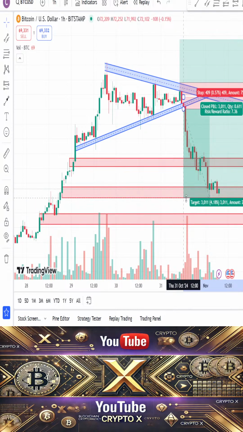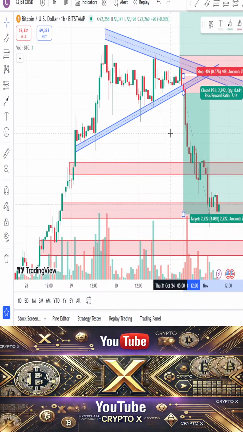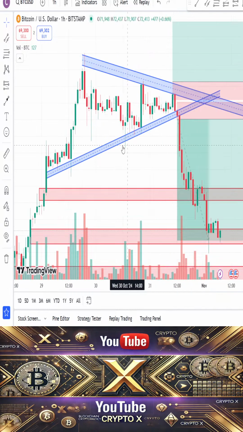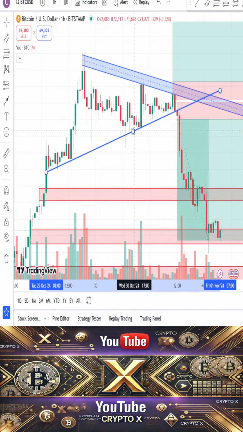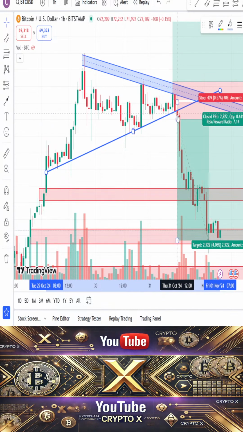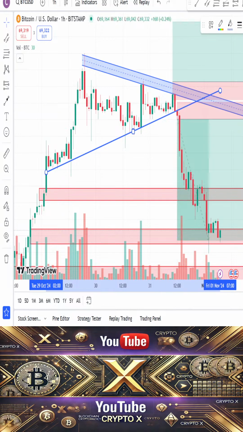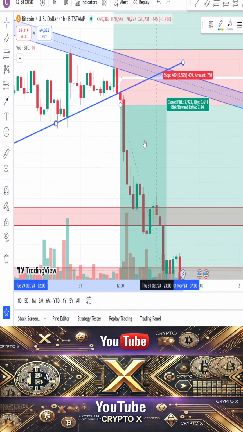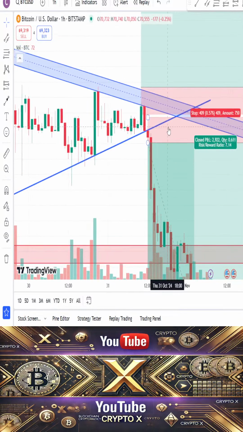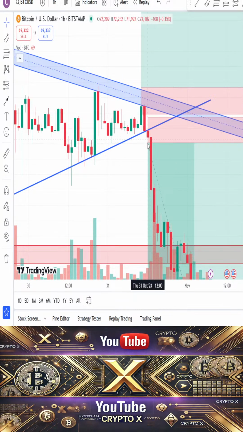Just for everybody, how are you deciding what SL we should pick? Normally, here you can see the trend line breakout on this candle. We'll zoom in a little bit more. So the SL is just this candle. If it is this big a candle, we will take half.